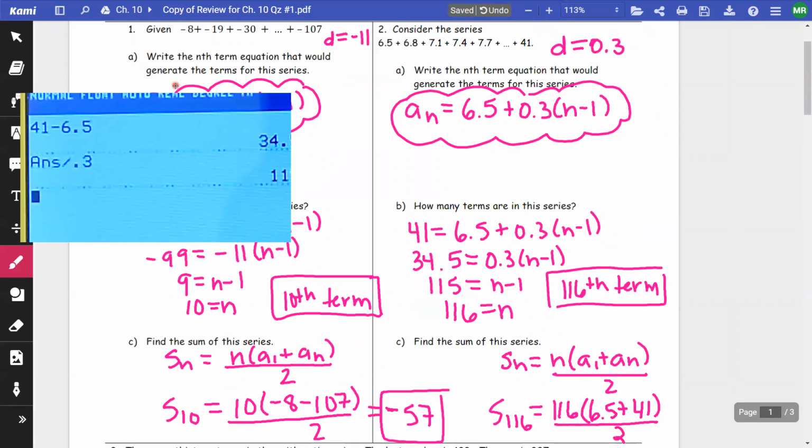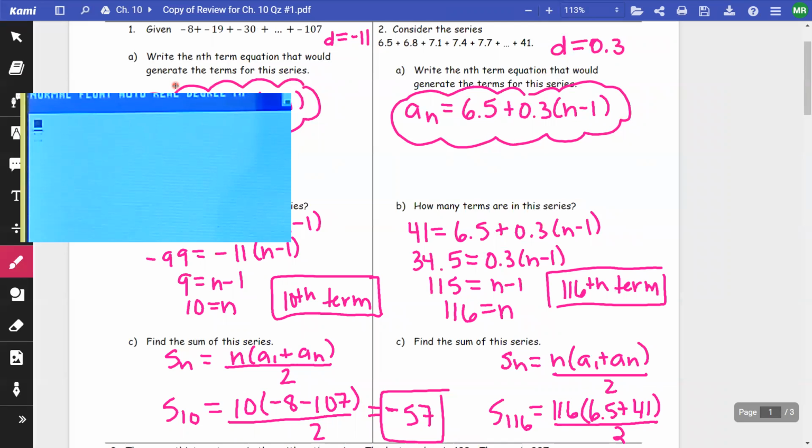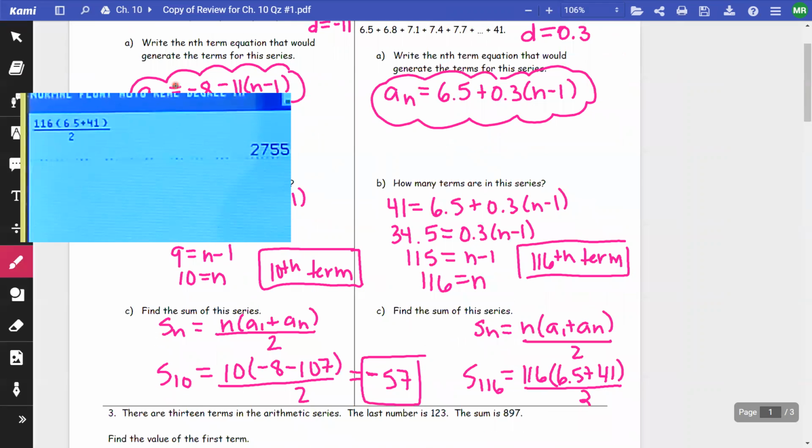When I put that into my calculator, 116 times 6.5 plus 41 divided by 2, I end up with the sum being 2,755.